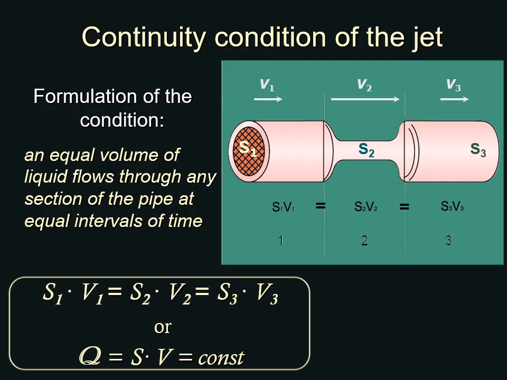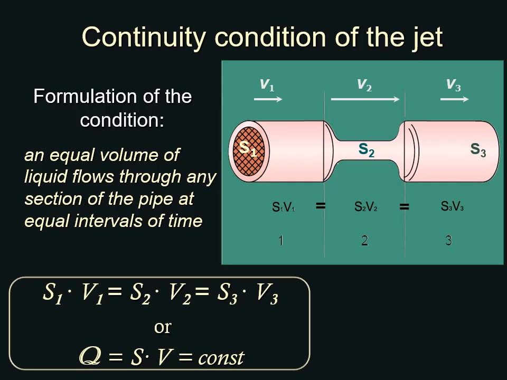The section S1 is indicated. A liquid moving at a speed v1 through a given section occupies a certain volume, and the same volume, in order to preserve the continuity of the jet, must be moved through the place of narrowing, that is, through a pipe with a section of S2.